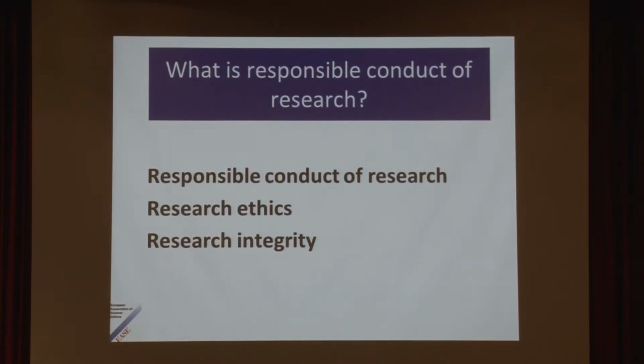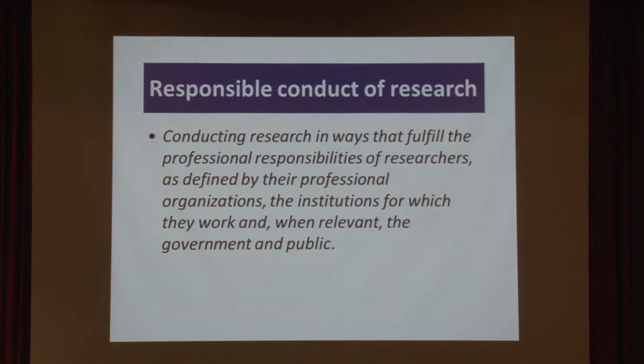So, what we're going to talk about, when we talk about the responsible conduct of research, we have to differentiate between research ethics and research integrity. So, this is a definition of research integrity. It's in a way professional performance doing research. So that we as researchers have the responsibility, as do our professional organizations and institutions, to ensure that what we do is reliable, can be trusted, and that we have done it with full integrity.